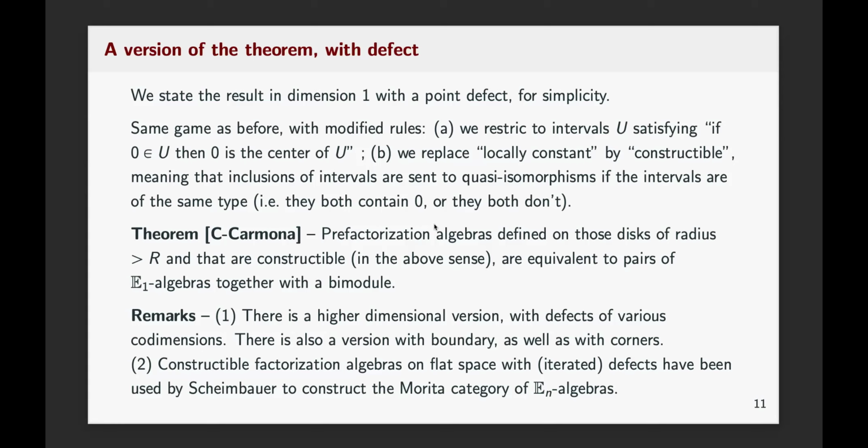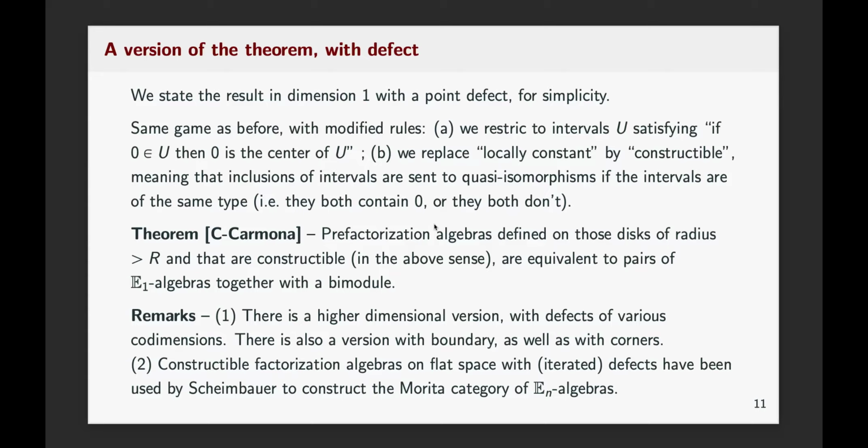So let me mention that these constructible factorization algebras on flat space have been used by Claudia Scheimbauer to construct the higher Morita category of En algebras, and I can't refrain from showing it, because we've seen this picture in several talks.